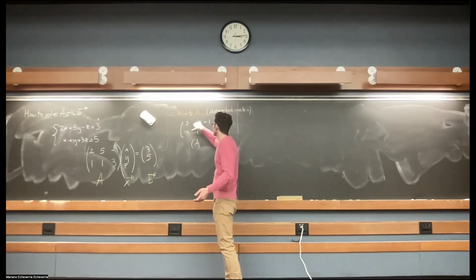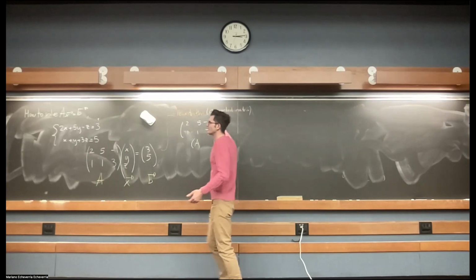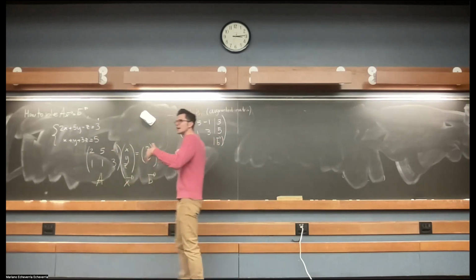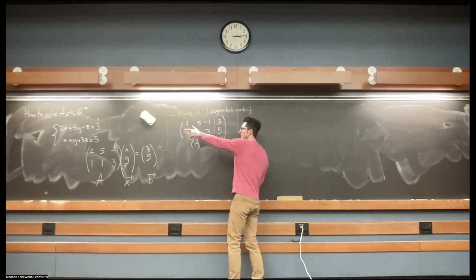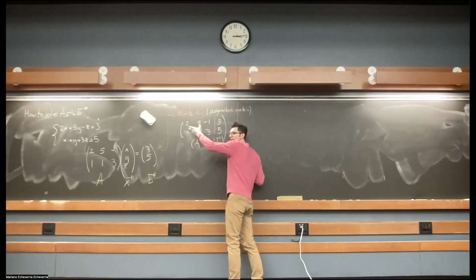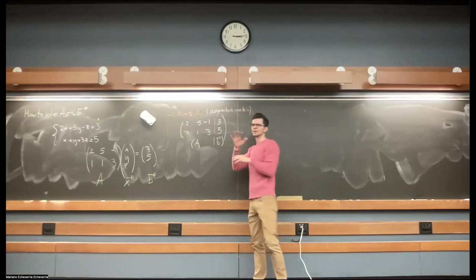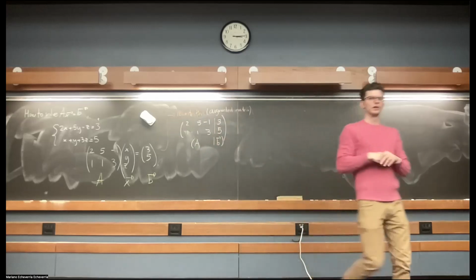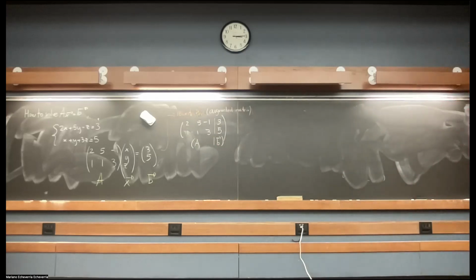So this is always 2x plus 5y minus z, and this is being set equal to the number 3 that you see there. It is easy to reproduce the equations this way. The coefficients are in front of x, y, and z, and the vertical line separates the things that involve the variables from the constant that they're being set equal to. That's the role of the vertical line, to keep them separate.